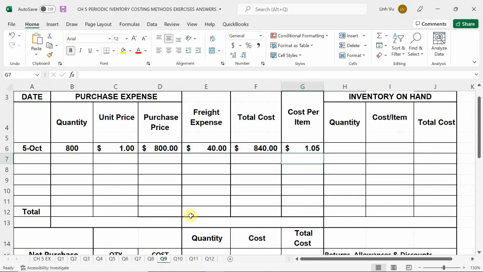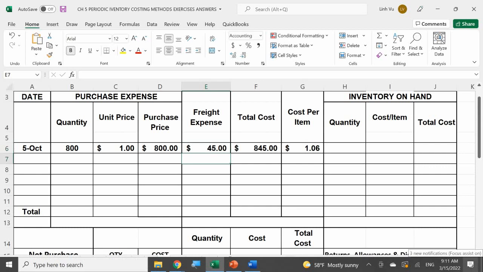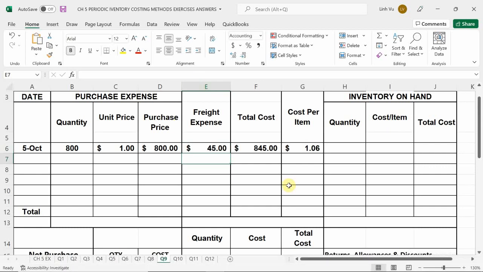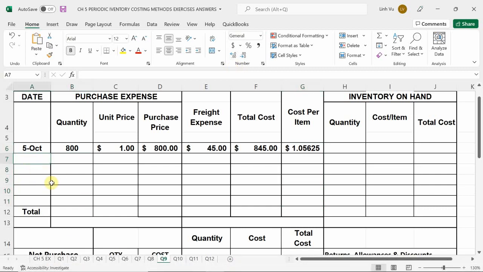So change that so it's 45. That will change your cost per item to $1.0562. Sorry, Stacy. No, that's fine. I was wrong either way.